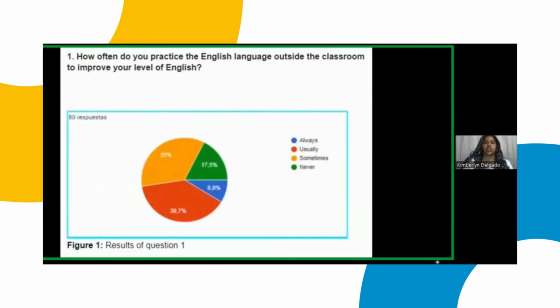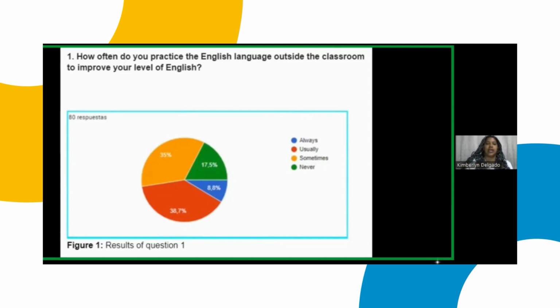The first question is, how often do you practice the English language outside the classroom to improve your level of English? Of the 80 participants, 31, the 38.7% of people, chose the usually option, followed by 28, the 35% of people, who answered sometimes, 14, the 17.5% of people, who answered never, and the remaining 7, the 8.8% of people, chose the always option.